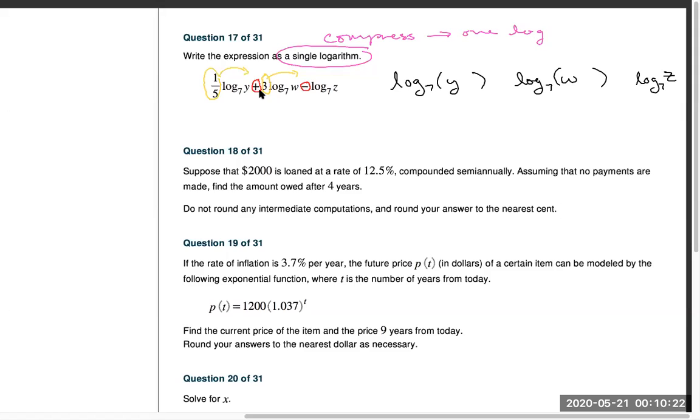All right, first thing I'm going to do, I'm going to bring my coefficients up and make them exponents inside the argument here. So 1/5 and 3. Then I'm just going to keep my plus and minus signs right now.